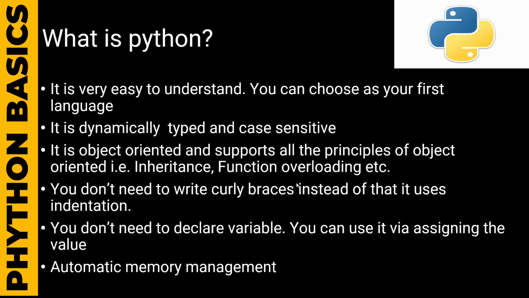As I told you, it is dynamically typed, so you don't need to declare a variable. You can use it by assigning the value. Then it contains automatic memory management. So all the garbage collection and all those things are handled by its interpreter, and you don't need to worry about those things.